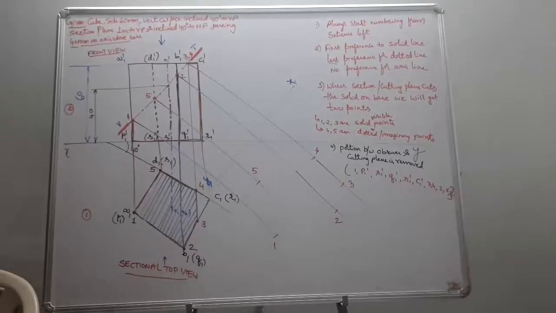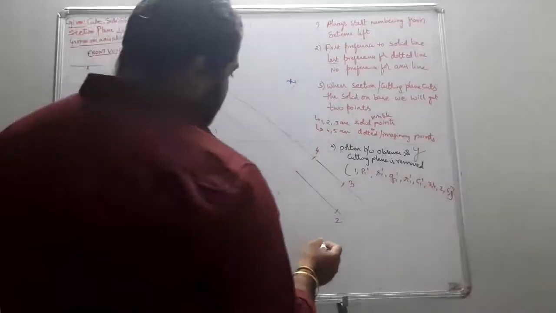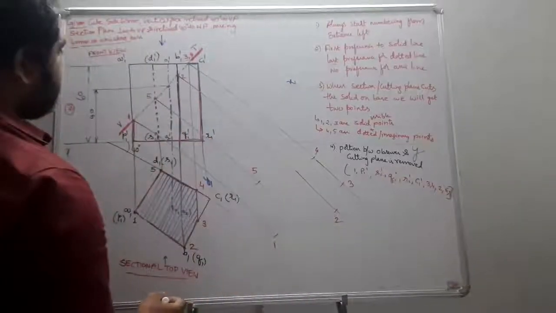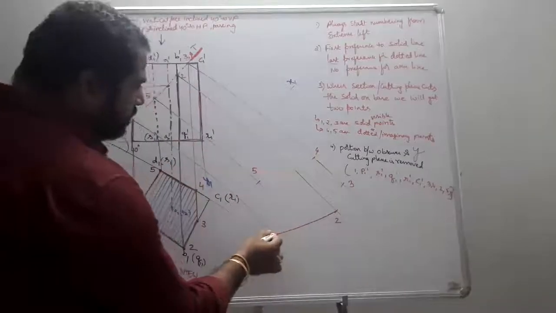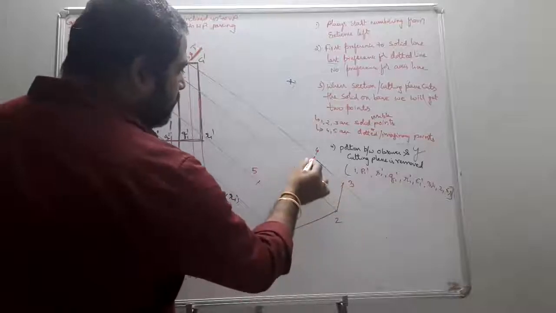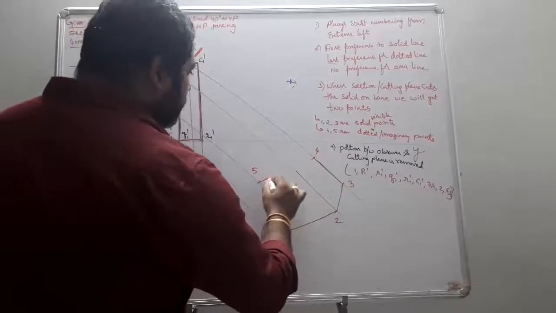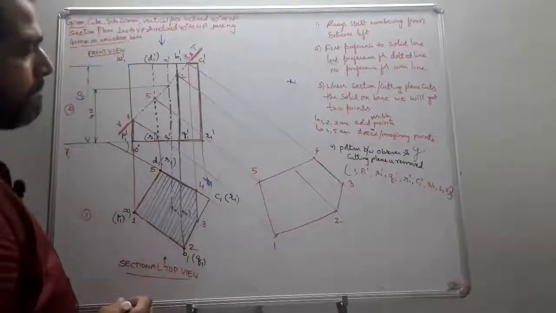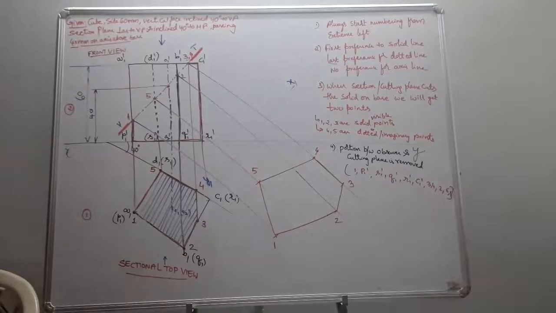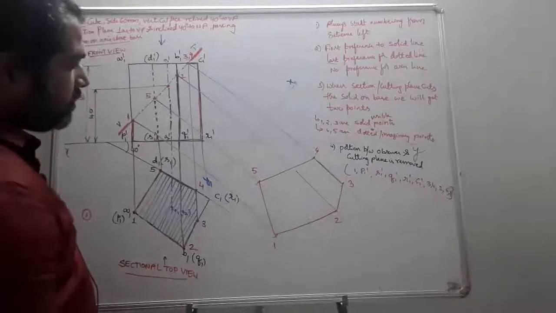Now join all the points: 2 to 1, 2 to 3, 3 to 4, 4 to 5. Just see, the point is going somewhere here.